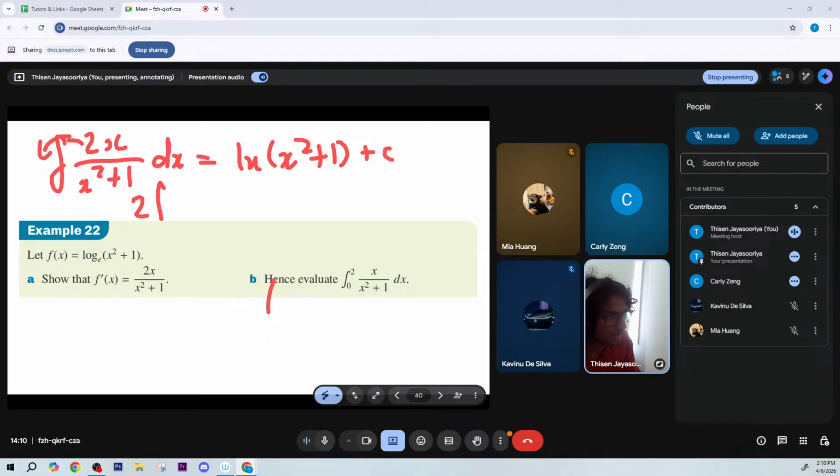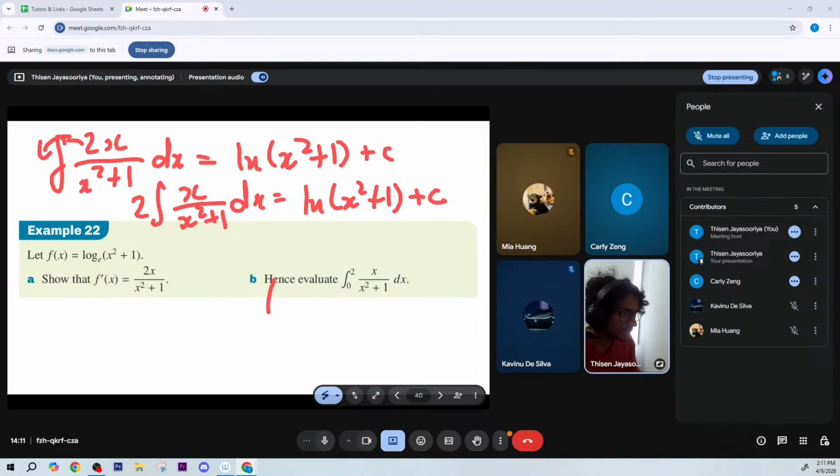So I can have it as 2 times the integral of x over x squared plus 1 dx equals ln of x squared plus 1 plus c. Which means this is literally the same integral. It's just 2 times this integral.